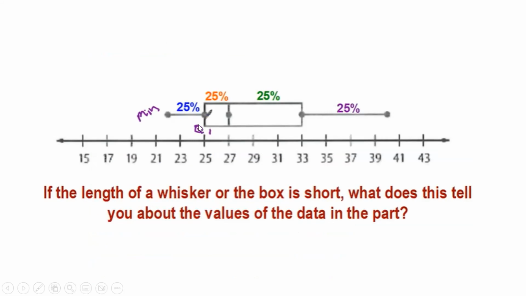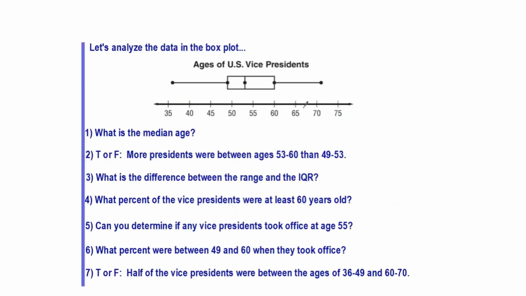It's not to identify the number of people between this age group. That's not the purpose of a box and whisker plot.